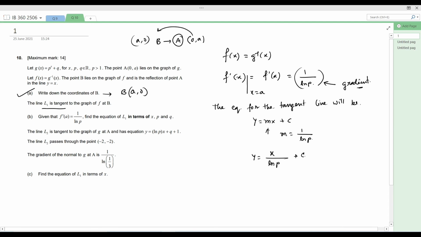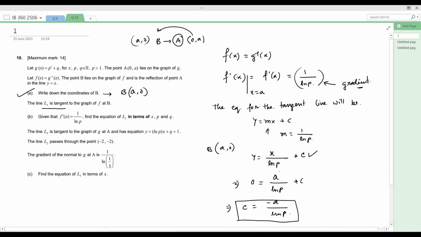This is for the point B, whose coordinates are a comma 0. To find c, we write 0 equals a by ln p plus c, so c equals minus a by ln p.